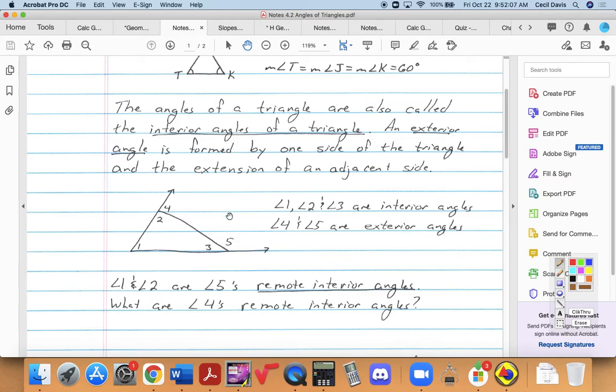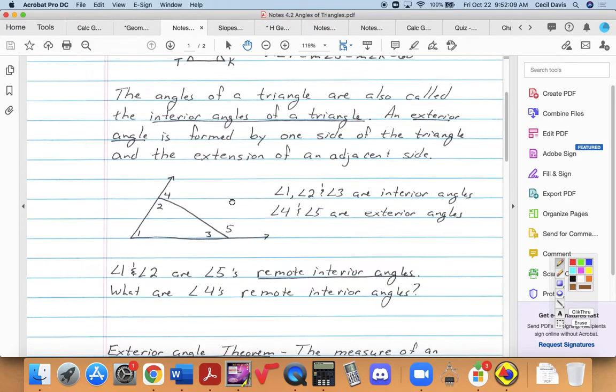Okay? And then there's one step further. What kind of angles are 3 and 5? Linear pair. Okay? Those are not going away anytime soon. But 5 is also related to these two angles. Now, a linear pair, the two angles have to be right next to each other. Do you remember what that's called when two angles are right next to each other? Not necessarily a linear pair, but just right next to each other.